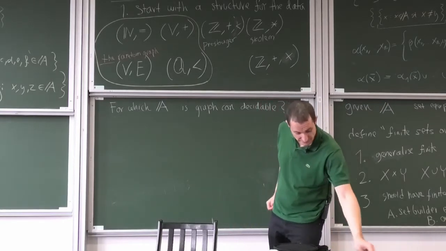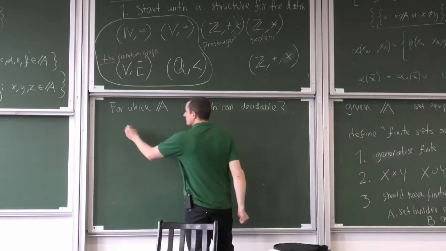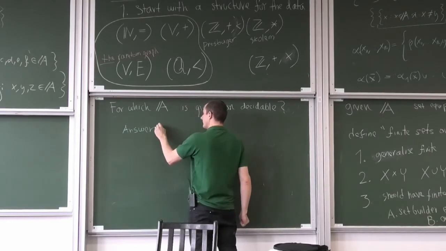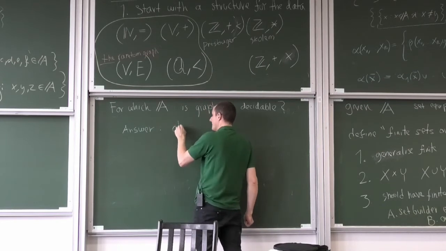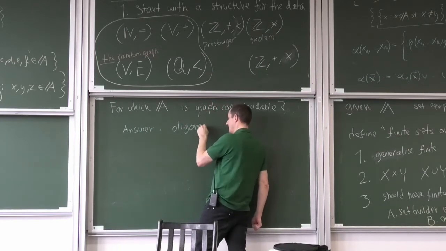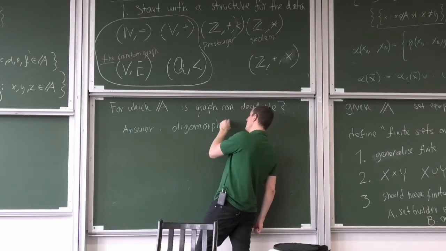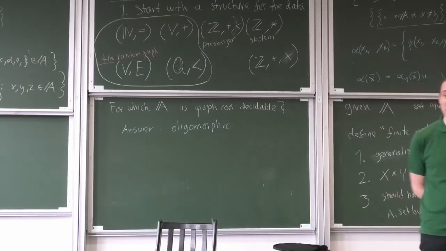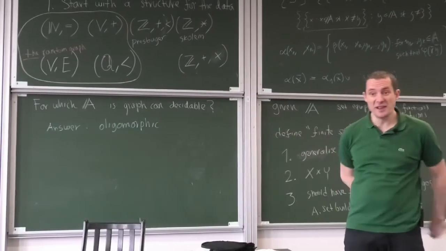And well, the answer is this. Oligomorphic. Okay. Well, I'm not sure how helpful that is, because for all we know, this could just be a name for those structures when it's decidable.